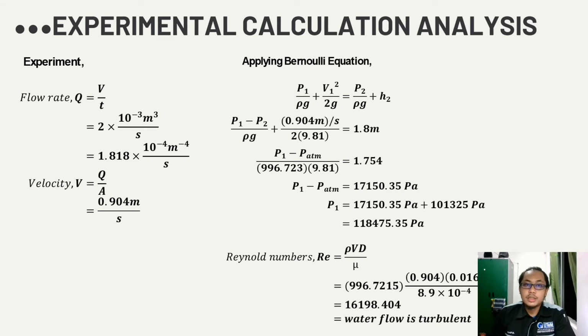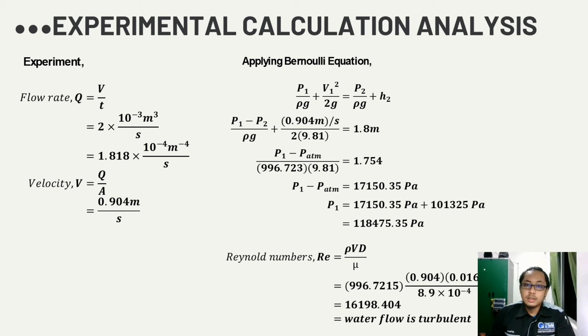For the next steps, we are using the Bernoulli equation and not the Pascal equation. Note that in this experiment the pipeline is not completely closed, and there's an open gap at the inlet and at the outer end of the pipeline, so we cannot use the Pascal equation. Instead, we are using the Bernoulli equation.